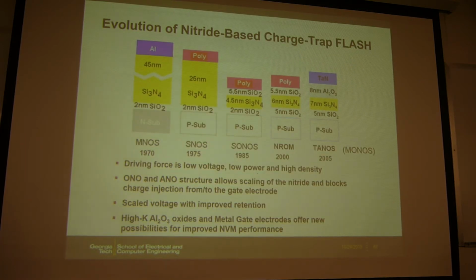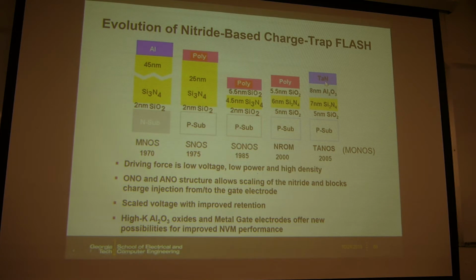And then actually there's an evolution of the nitride-based charge trap flash cell. And here from the very beginning, this NOS structure to the SONOS, and then to today's so-called TANOS structure. The difference is that the poly gate, which used to be silicon, S, now becomes a kind of metal, tantalum nitride.